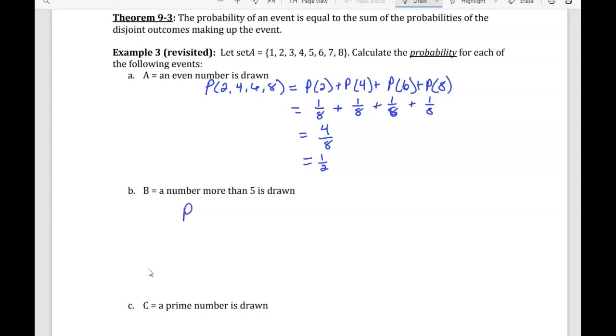Probability that I draw more than 5, that would be the probability of 6 plus the probability of 7 plus the probability of 8. So that's going to be 1/8 plus 1/8 plus 1/8, which will give me 3/8.